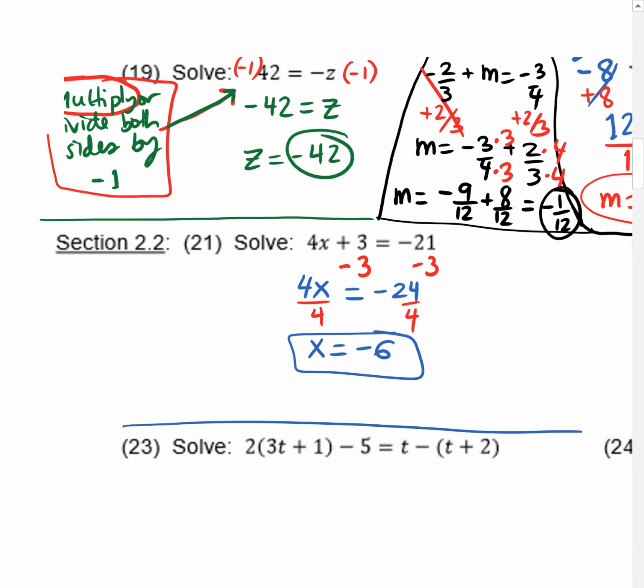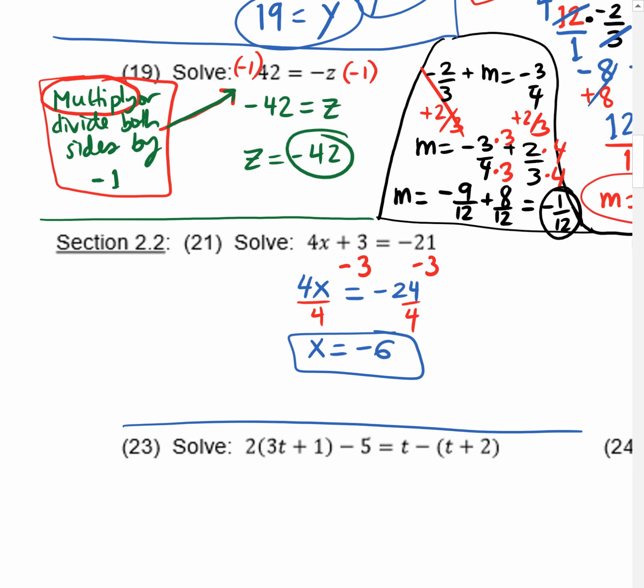Okay, good stuff. I think we're good. And of course, in any of these problems, especially if you're taking a midterm or something and you have extra time at the end, you might want to be safe and check your answer. So you could always go back to the original problem, 4x plus 3 equals negative 21, take the solution that you think is your solution and substitute it and see if you get a true statement.